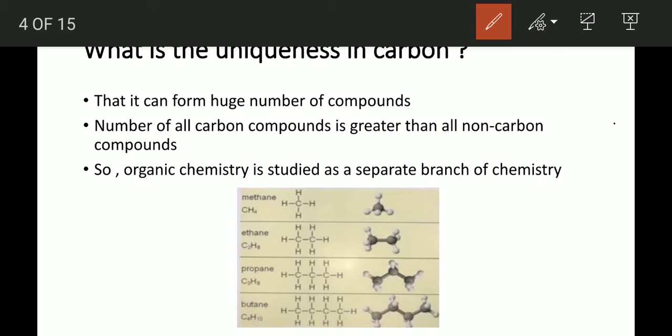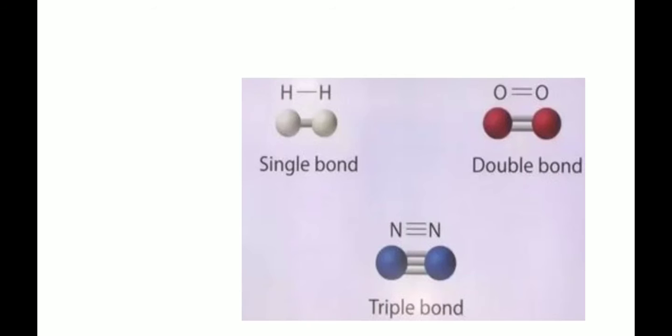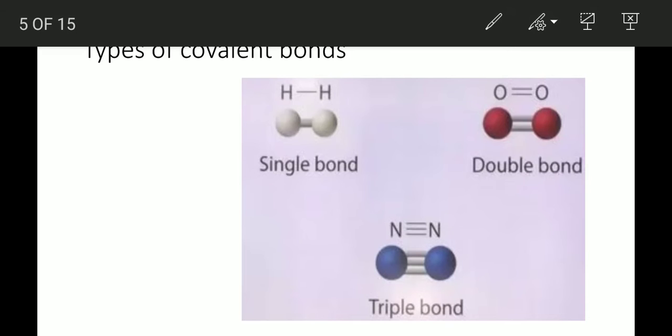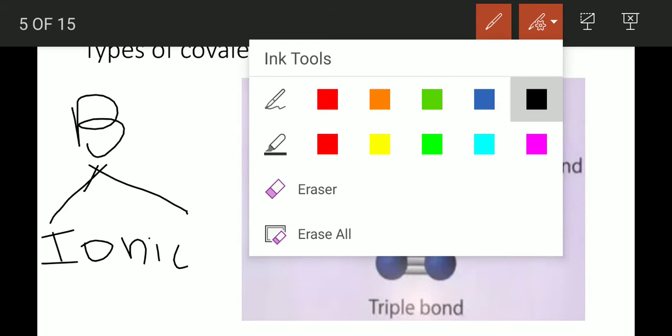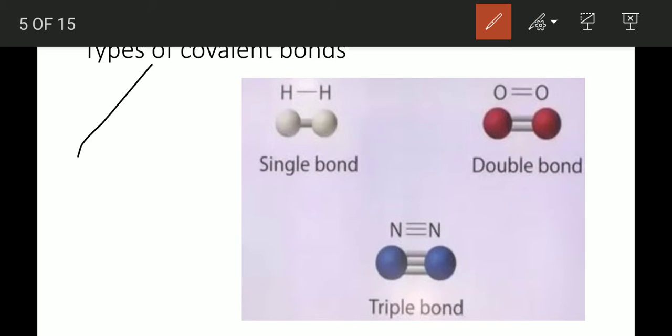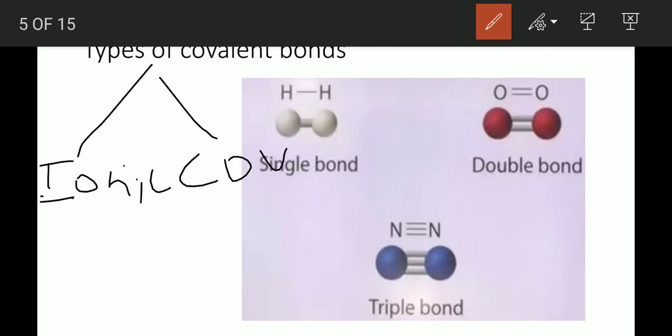Now next is types of covalent bond. See here, in bonds there are two types: one is ionic bond and another one is covalent bond.